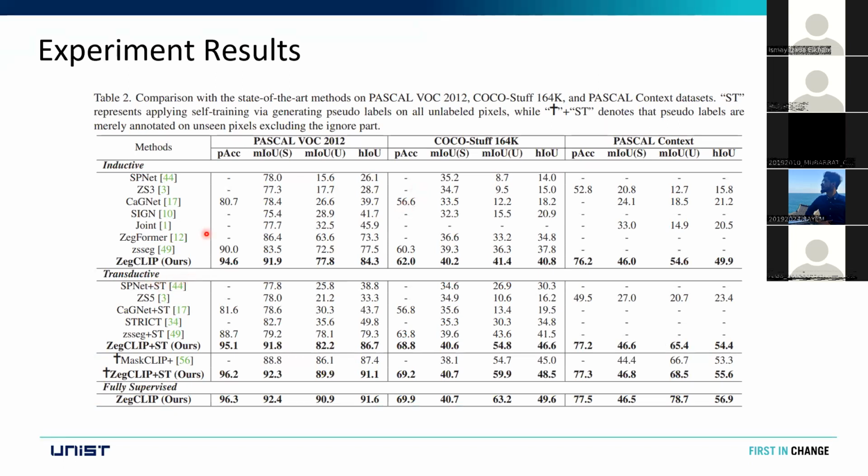In the inductive method, there is no mention of any unseen classes, but in the transductive method, there might not be any mention of class names of unseen classes, but there might be images. So in this one the accuracy is a bit lower compared to that one, because it has seen the images before, so the accuracy is a bit higher. Overall, it performs better than all the other existing zero-shot segmentation methods.